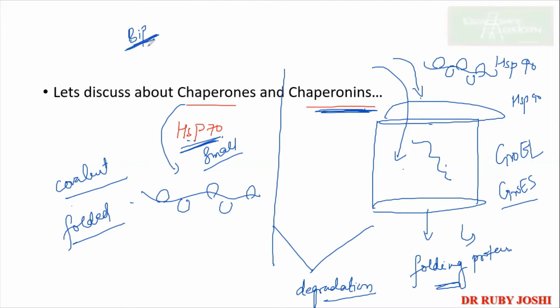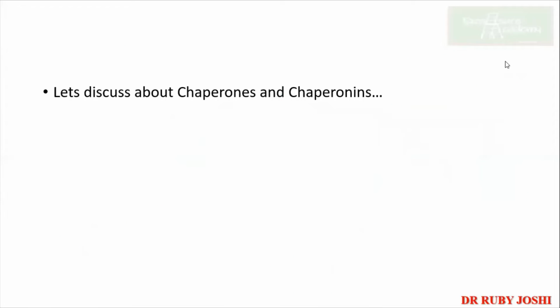BiP is responsible for the folding of the proteins. So HSP70 and HSP90 prevent misfolding, whereas BiP is helping in the folding of the protein. So we have got so many chaperones and a few of the chaperonins. Okay, let's move ahead then.